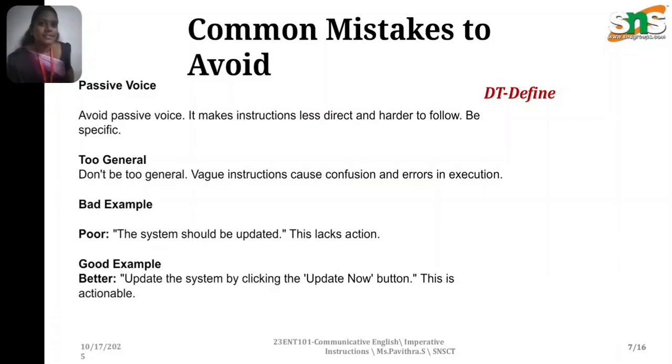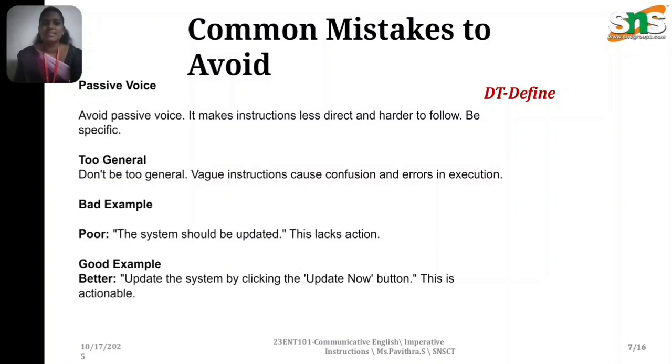There are some common mistakes to be avoided while constructing instructions or commands. First, we have to avoid passive voice. It makes instructions less direct and harder to follow. Instructions should also not be too general, which creates clumsiness. For example, the system should be updated.